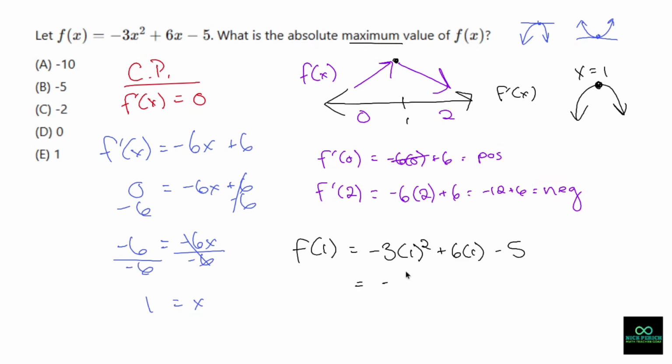So negative 3 times 1 squared is negative 3 times 1. 6 times 1 is 6, minus 5. Negative 3 plus 6 is 3. 3 minus 5 is going to be negative 2. So our maximum value is going to happen at the point 1, negative 2. And so the answer is C.